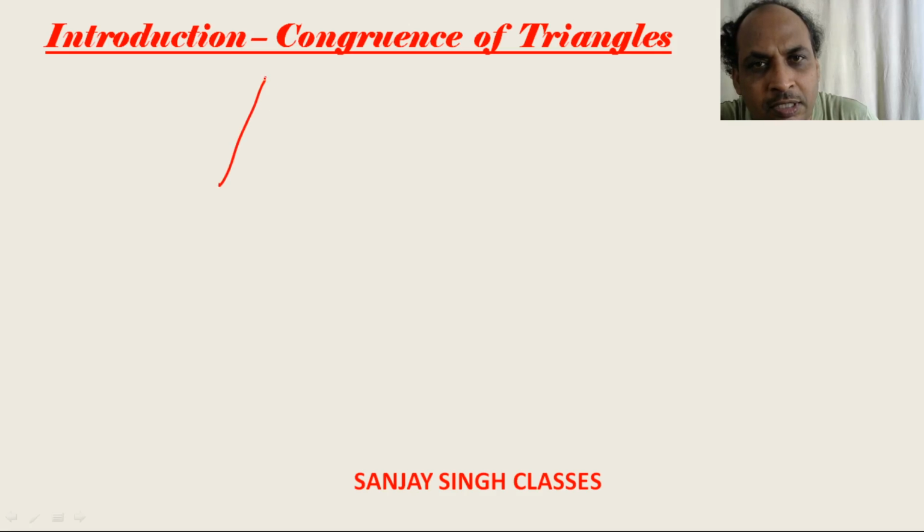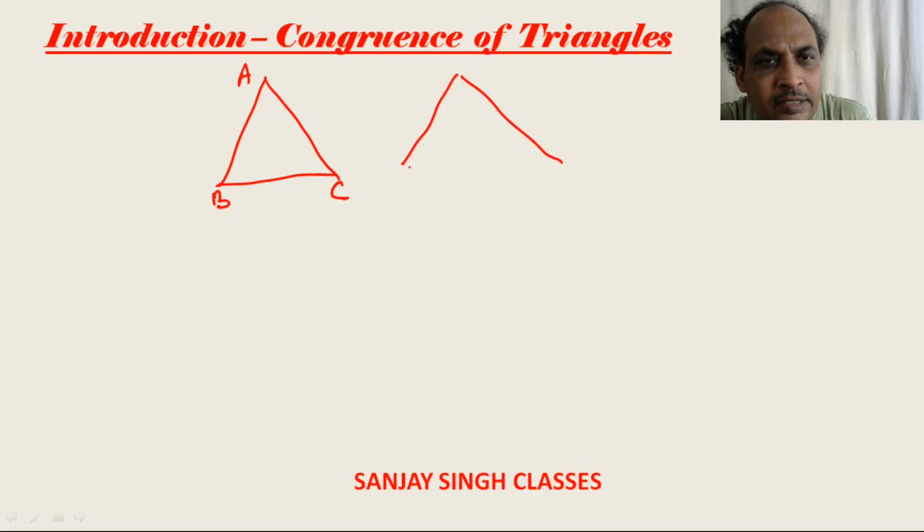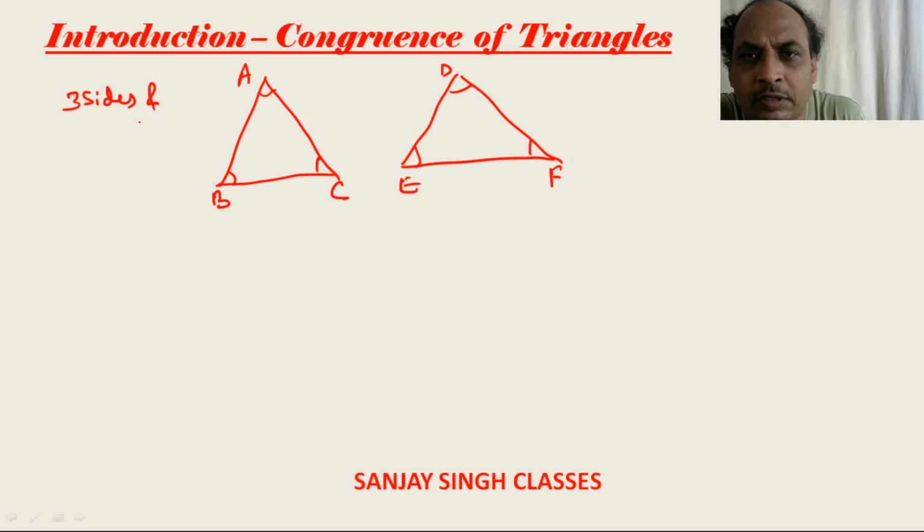Suppose two triangles are given to us, one is ABC, another triangle is DEF. It has angle A, angle B, angle C, and angle D, angle E and angle F. So each and every triangle consists of 6 parts, 3 arms and 3 angles, means 3 sides and 3 angles.